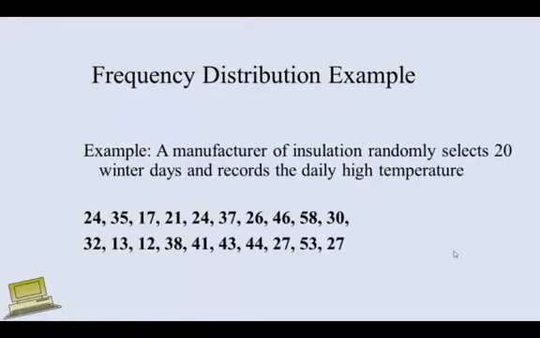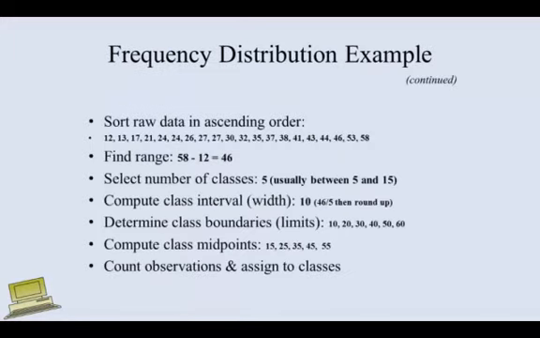A manufacturer of insulation randomly selects 20 winter days and records the daily high temperature, and this is the temperature that is given here. अब अगर इसको हमने ग्रुप डाटा बनाना है तो हम किस तरह बनाएंगे? सबसे पहले हम इसको असेंडिंग ऑर्डर में लिख लेंगे, असेंडिंग मतलब स्मॉलेस्ट टू द लार्जेस्ट। अब हम देखेंगे इसमें मैक्सिमम वैल्यू क्या है, 58 है, और मिनिमम वैल्यू क्या है, 12 है। सो अब हम क्या करेंगे, 58 minus 12 that will be 46. This will be the range for this data.